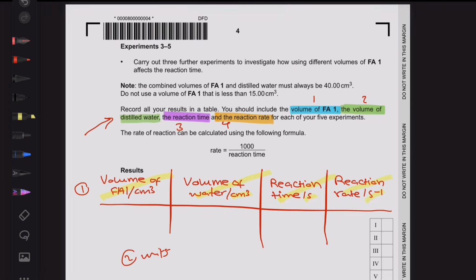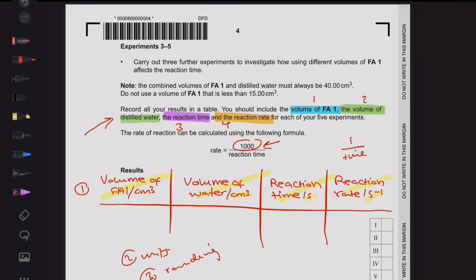And with rate, because rate is really what? It's 1 over time. In this case, it was 1,000 over reaction time. So if they want you to use a particular equation, then you'd use that. But generally speaking, rate is just the reciprocal of time, okay?